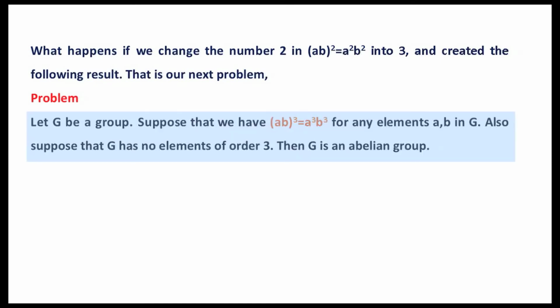Let G be a group. Suppose that we have (a b) cubed equals a cubed b cubed for any elements a, b in G. Also, suppose that G has no elements of order 3, then G is an abelian group. Solution.